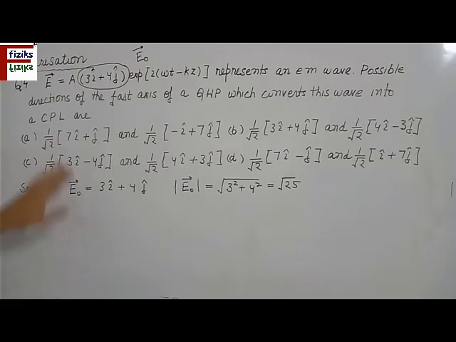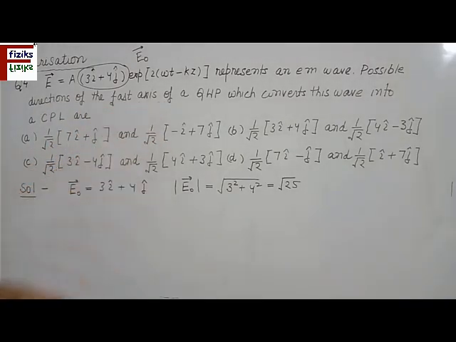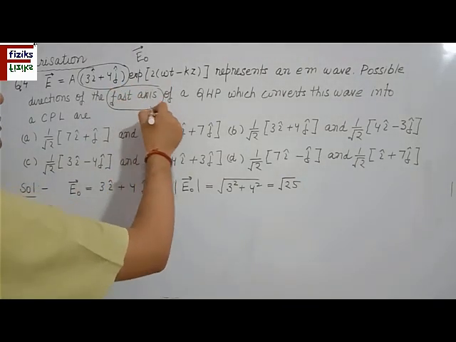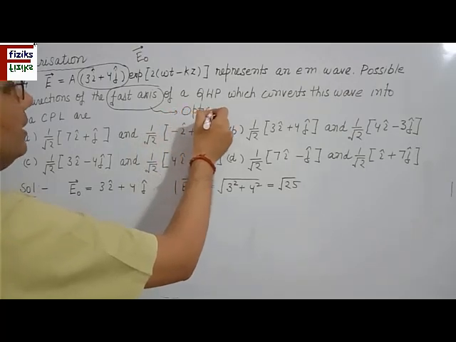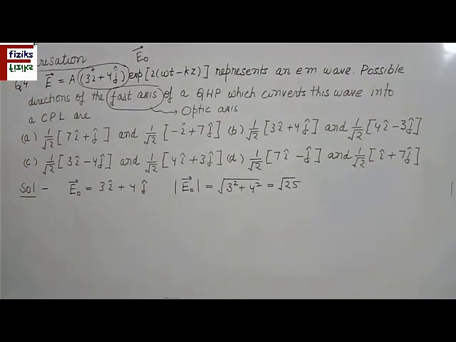Now we have to find out the direction of the optic axis. This fast axis is also known as optic axis. So we have to find out the direction of the optic axis of a quarter wave plate which converts this wave into a circularly polarized light.